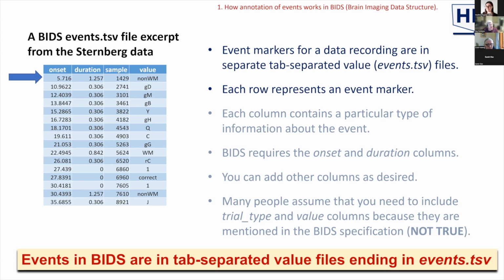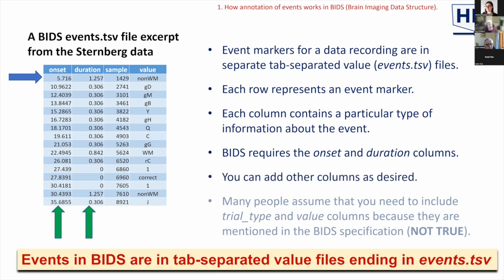Now, each column in the events file contains information about that event, and BIDS only really requires the onset and duration columns. And as Scott mentioned, most data sets ignore the duration columns. And BIDS really doesn't impose any requirements on what's in the events files, except that you have to have the onsets that correspond to the neuroimaging file.